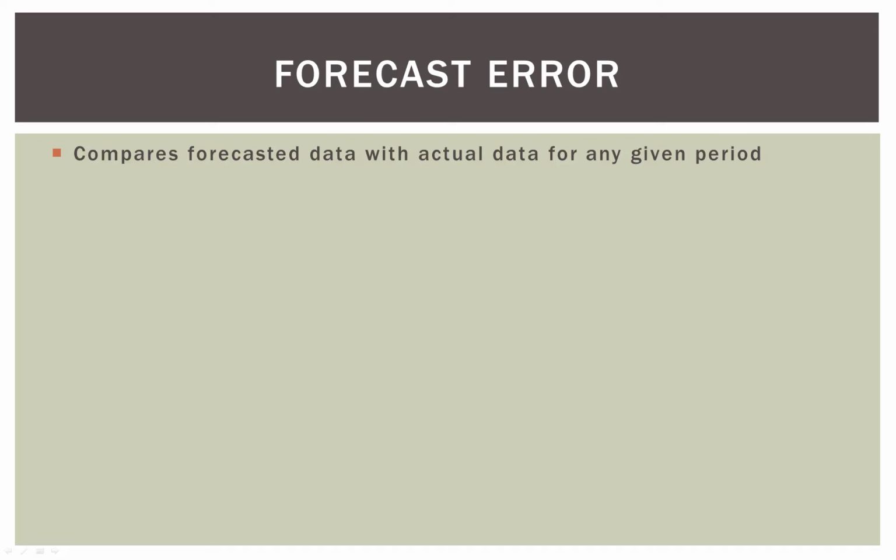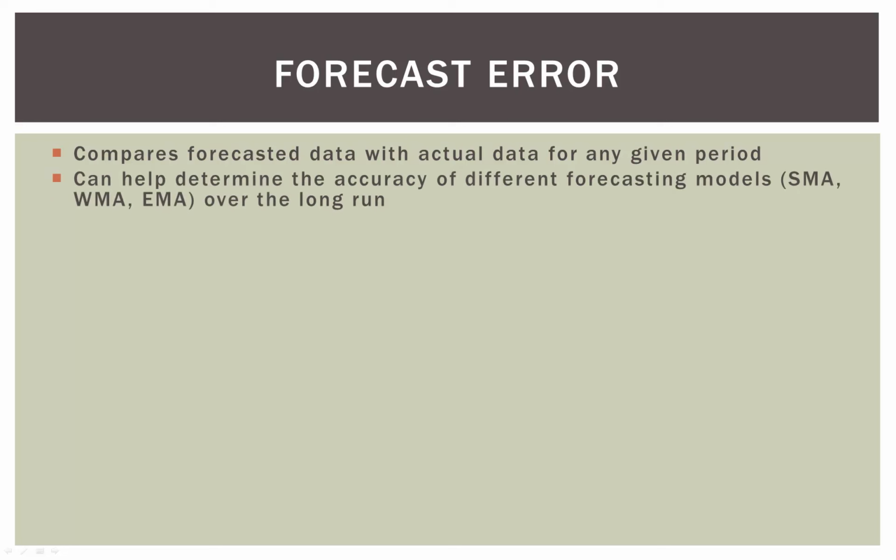So it's merely the difference between the actual and the forecasted. The error helps us determine the accuracy of different forecasting models. In this case, we're looking at 3 models: simple moving average, weighted moving average, and exponential. And we can find the accuracy over the long run of each model.